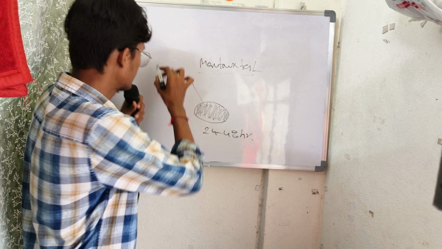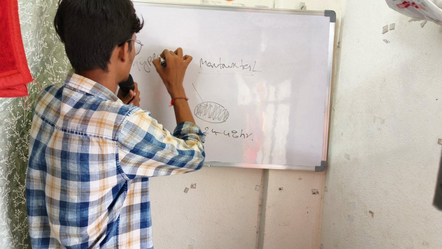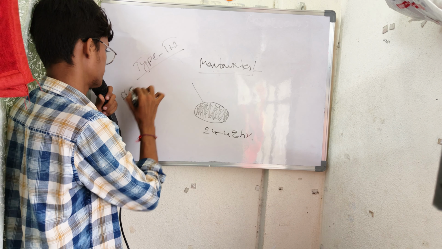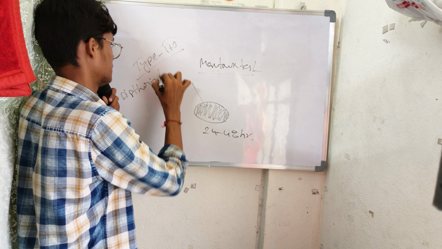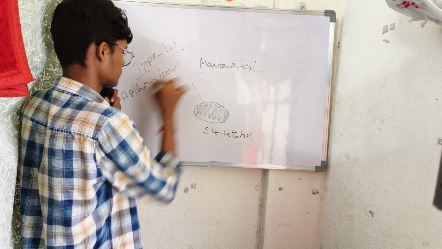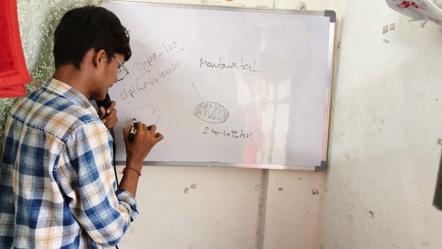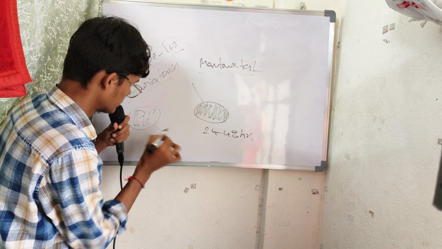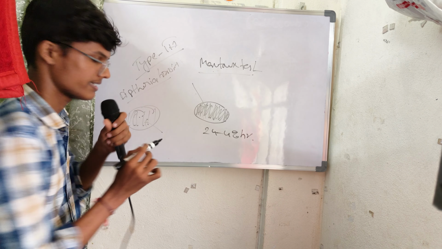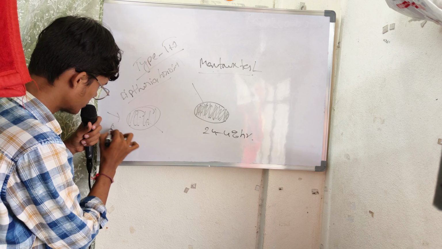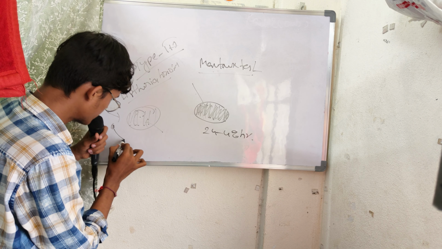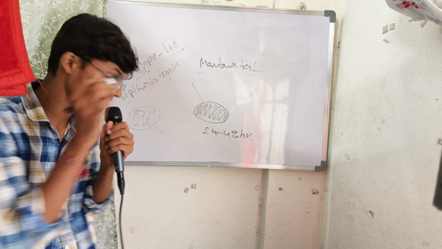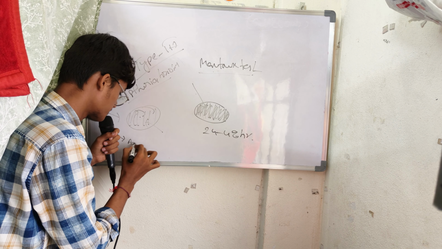See, in type 3 we do a test for diphtheria toxoid. Here the rash is coming because we are injecting antigen, right? After this antigen is introduced into the body, it will combine with the previously formed antibodies.